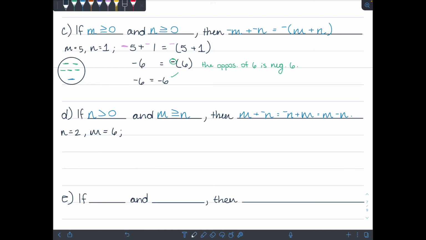With those two satisfied, let's see this definition. So 6 plus -2 should be the same as saying -2 plus 6, which should also be the same as saying 6 minus 2. Well, you know what 6 minus 2 is, right? It's just 4.